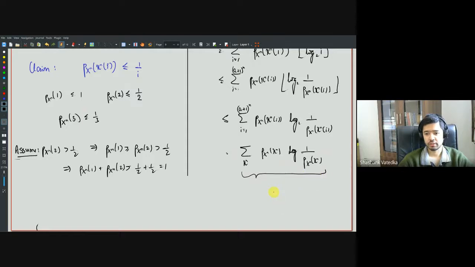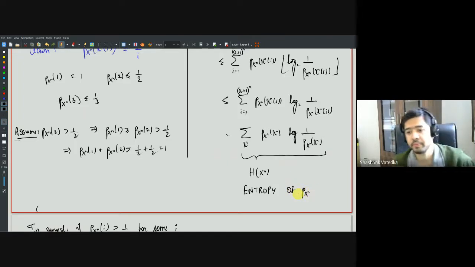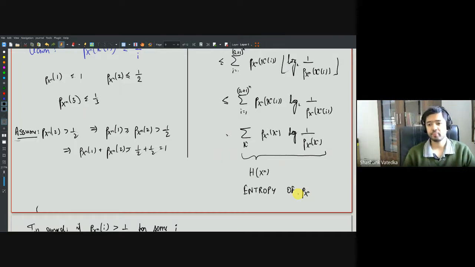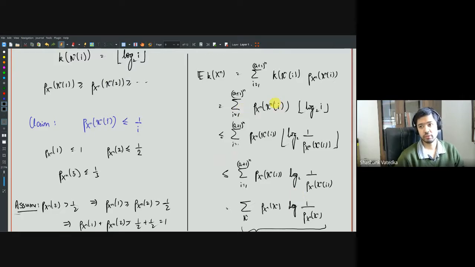So this is a quantity that we define as the entropy of P_Xn. All right. So I've done nothing over here. We first designed a compression algorithm for which the compressed length of the sequence with the ith largest probability is floor of log i to base 2.